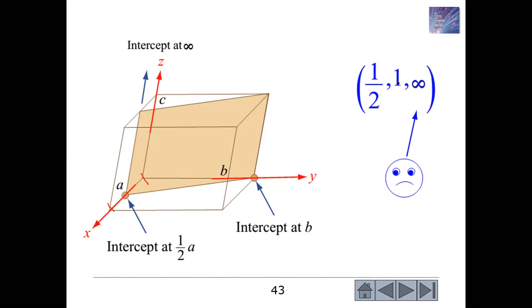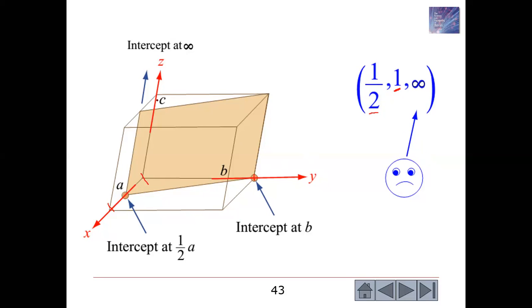It is cutting the y-axis at 1, or full a. So the intercept here is 1, in terms of the multiple of a. So on the x-axis it is in the middle, half, and on the y-axis it's cutting at 1.